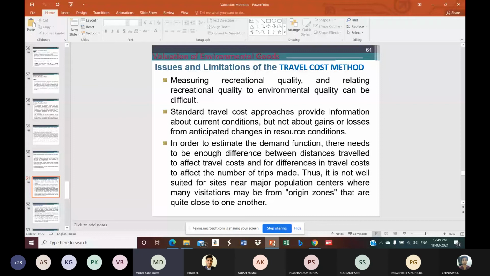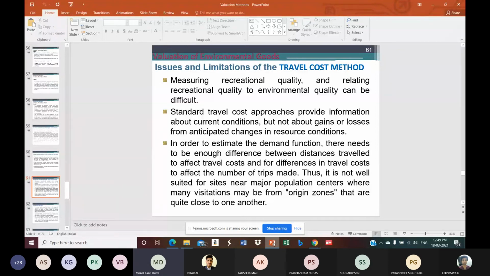If degradation happens, then obviously that will be associated with some kind of losses. Those things will not be available. As of now, this exercise is entirely based on the current valuation, based on the current experiences of the people. What will happen in future will not be considered over here.